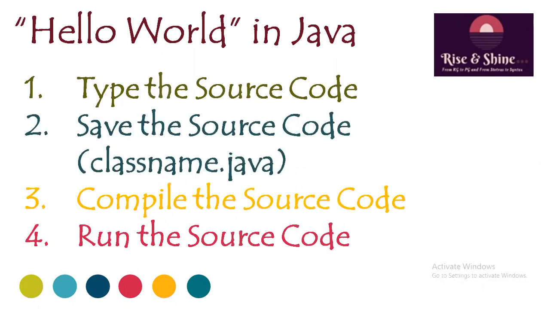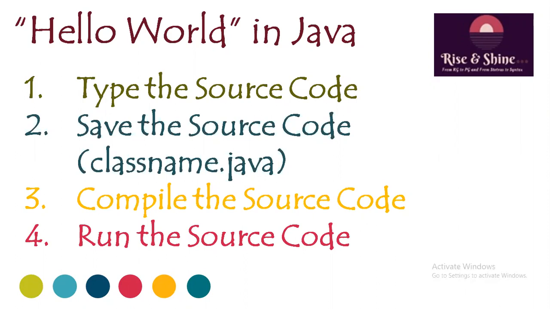There are 4 steps to write, compile and run any Java application or program. Very first step, type the source code using any editor or IDE. You can use Notepad, Notepad++, Edit++, or any other IDE or editor.